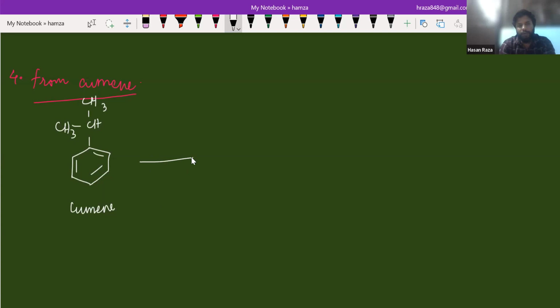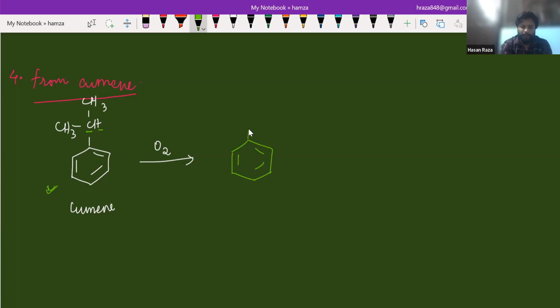So when we react this cumene with O2, this cumene will be oxidized, and everyone knows what oxidation is. That means addition of oxygen. So between this carbon and hydrogen, two oxygens will be added. That means cumene is oxidized.